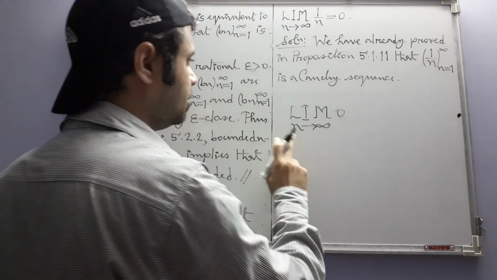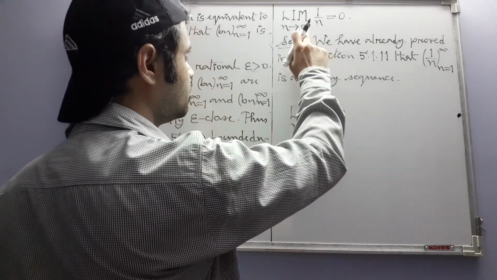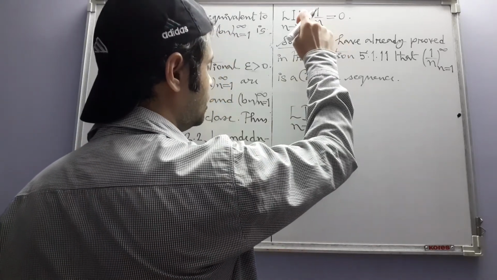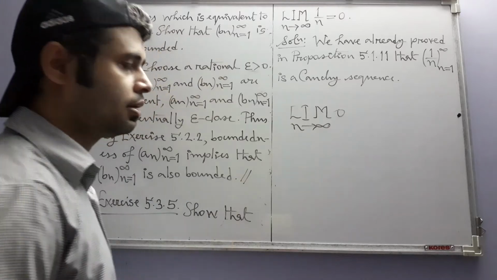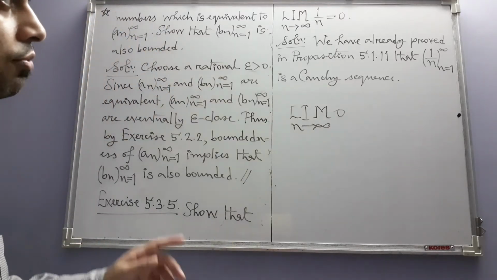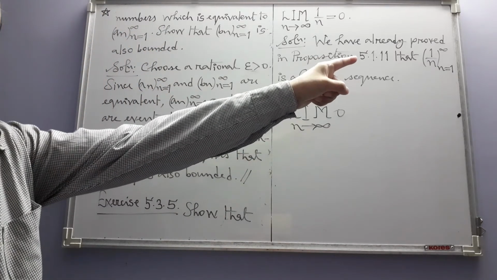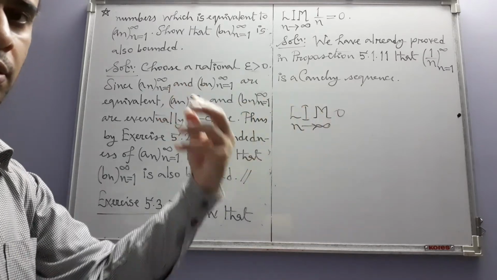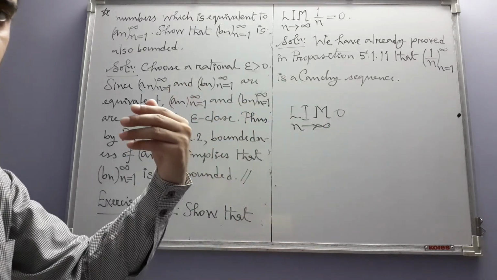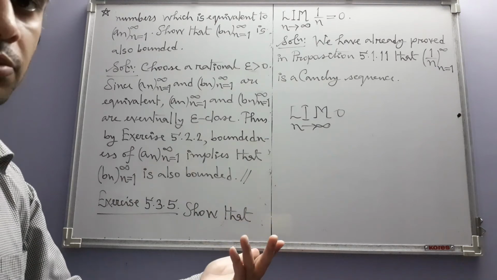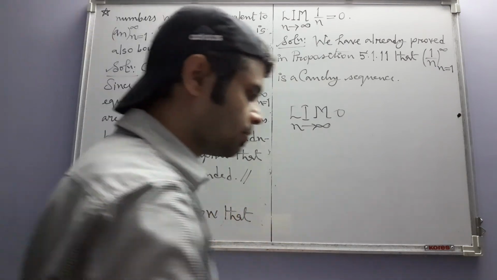So we need to prove these two formal limits are equal. In other words, we need to prove that that Cauchy sequence is equivalent to the constant Cauchy sequence of rational numbers where all the terms are equal to 0. So that's what we are going to do now.